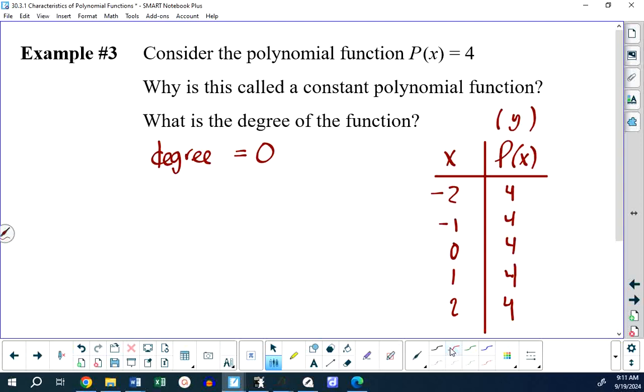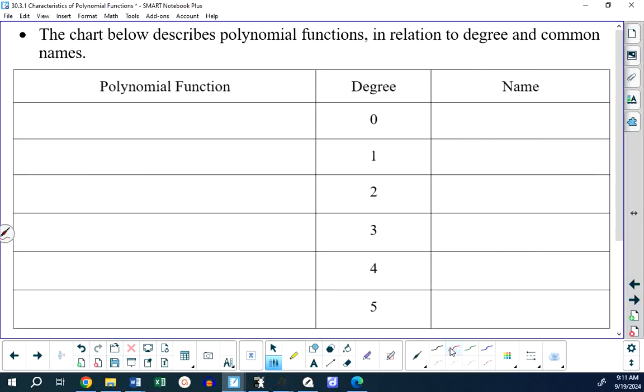Grade 11, you expand your horizons and you do a lot with quadratics. So this degree 0 graph you encounter along the way, but grade 10 is mostly degree 1, grade 11 is mostly degree 2. Well, grade 12 is all the other degrees. 3, 4, 5, 6, 7, 8, 9, 10. You'd probably never be asked about a degree 10. So I would like you to turn the page, please.